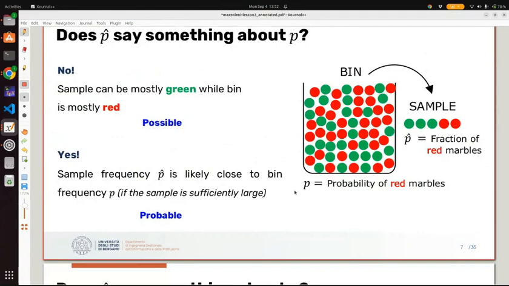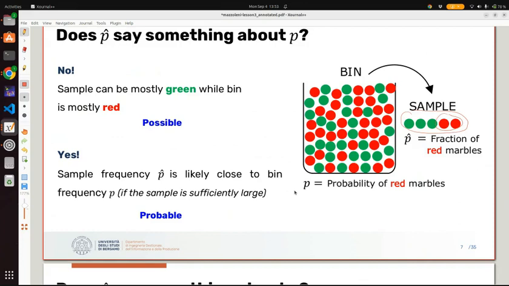Now, what Tommaso asked last time is something that I think is subsumed in this slide. If I have here 2/5 red marbles, can I say that for sure in the bin there are 2/5 red marbles of the total? No, of course, I can't say this for sure.